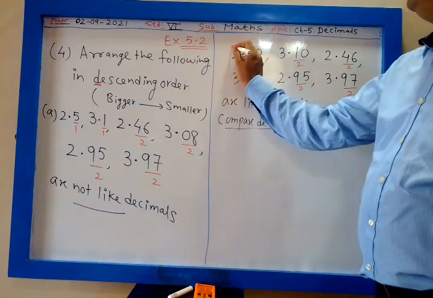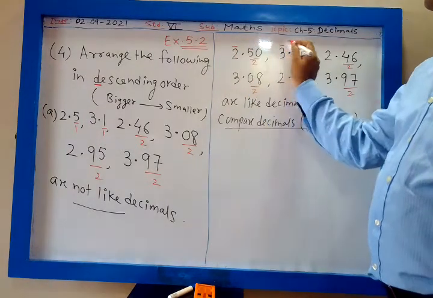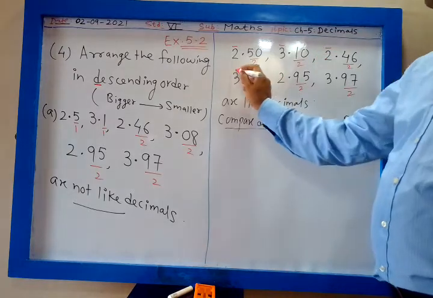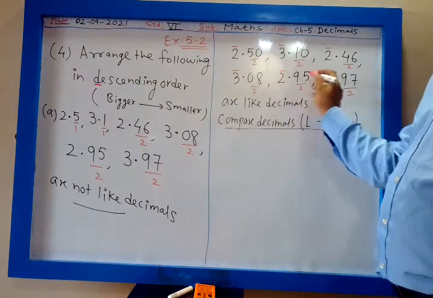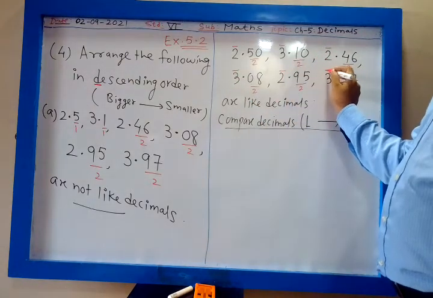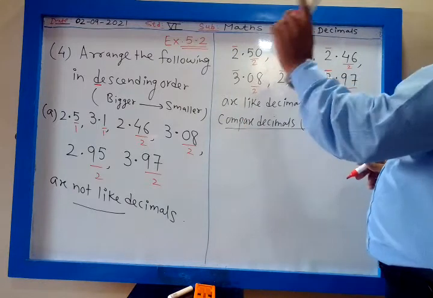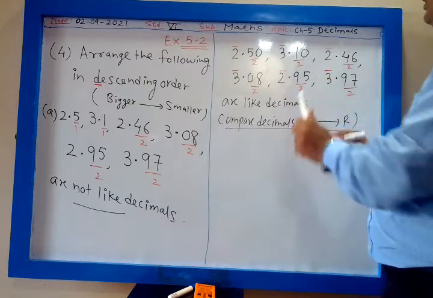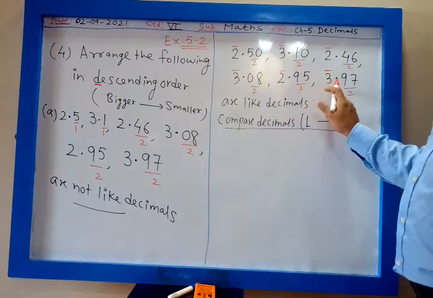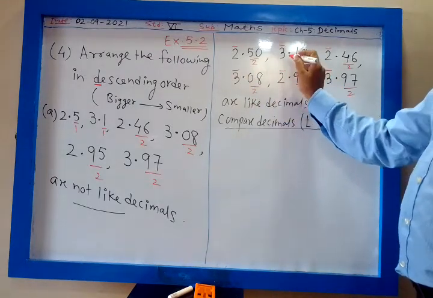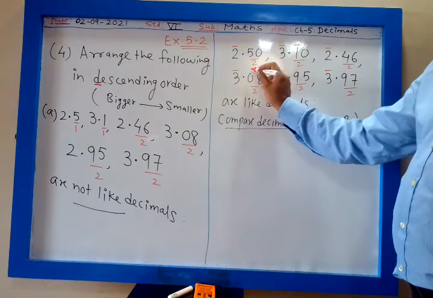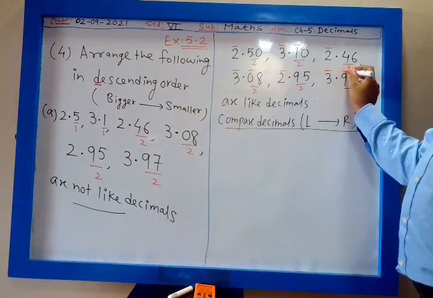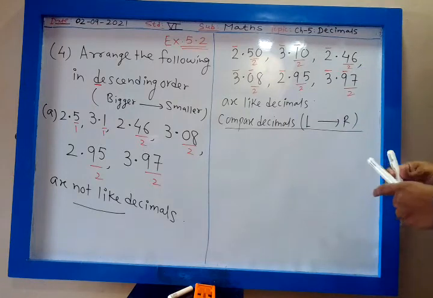The first digits are 2, 2, 3, 2, 3, 2. One minute. So the bigger number is 3, 3, 3. Now in these three numbers, which is the bigger? After that 1, it is 0, it is 9. So 3.97 is bigger.